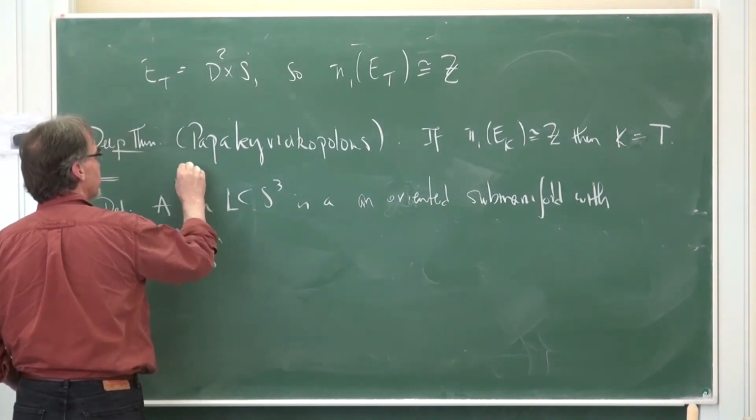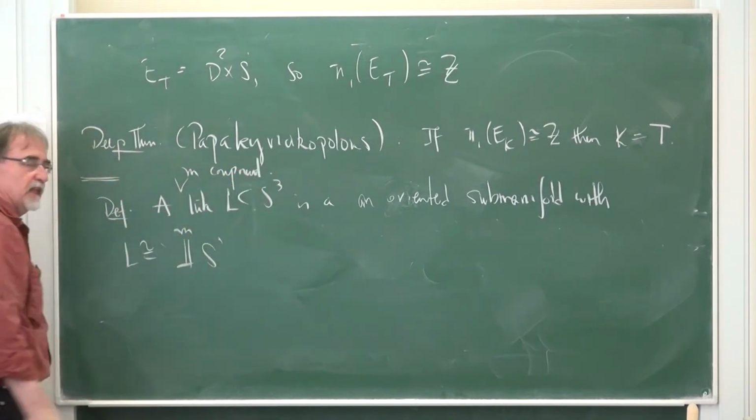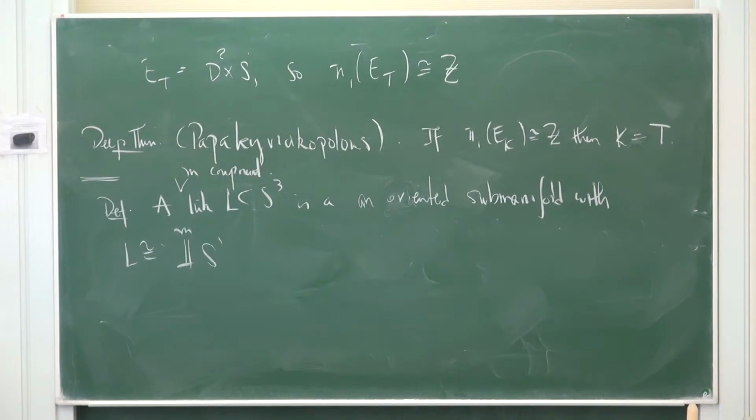I'll call this an m-component link. So this is just a collection of knots.